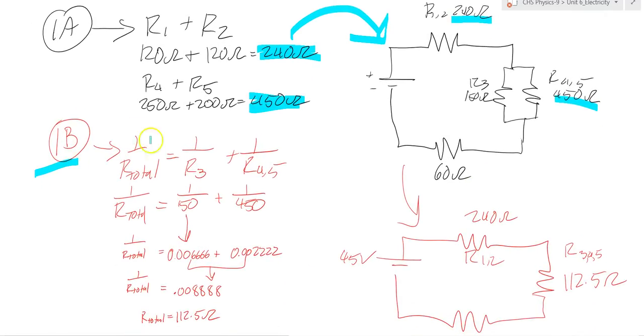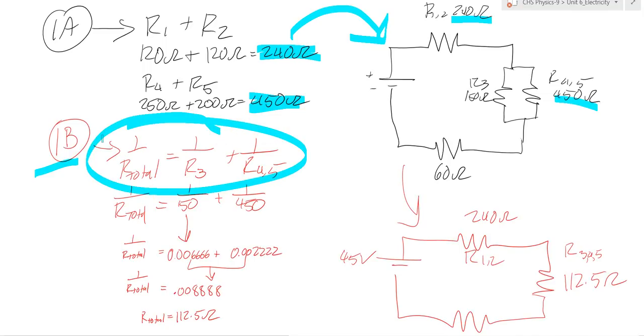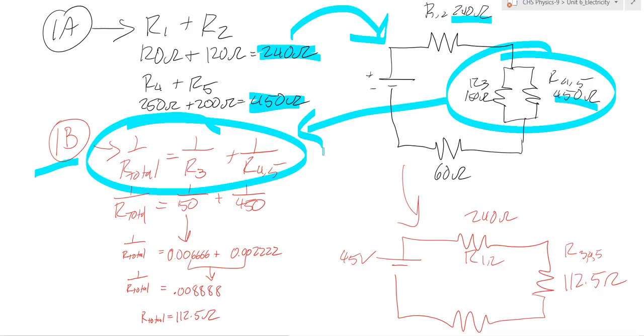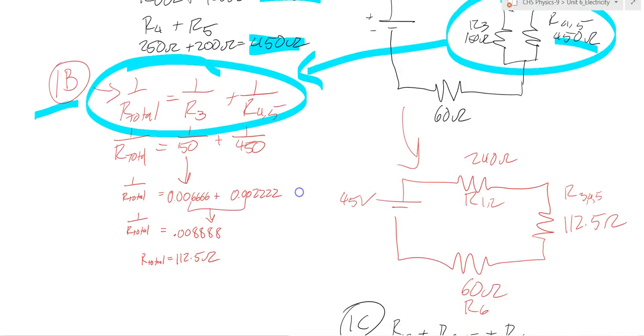Then step 1B, I used this equation to combine those guys. So I did 1 over R3 and then 1 over R4 and 5, 1 over 150 plus 1 over 450. Get some really long decimals, and so I rounded them off a little bit. You want to keep as many decimals as you can. And again, there's some calculator tricks here that you can do.